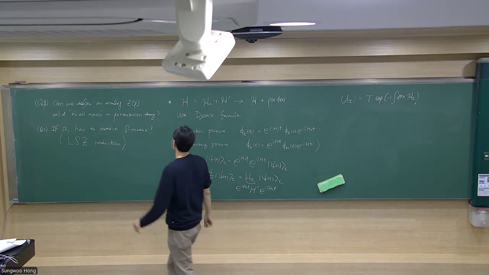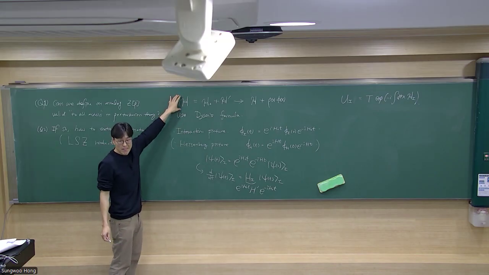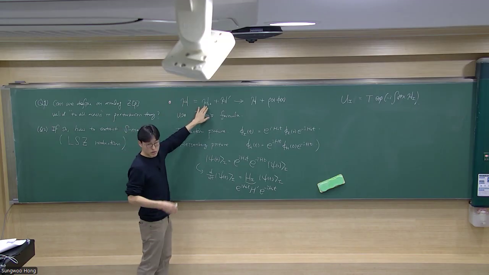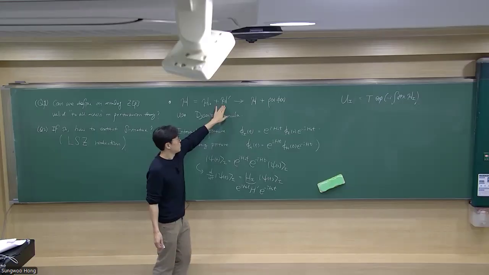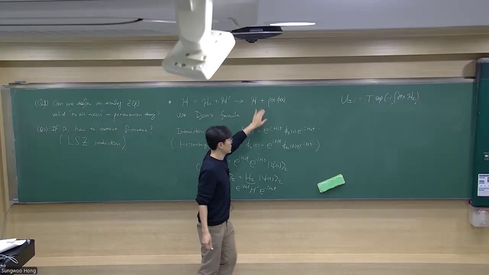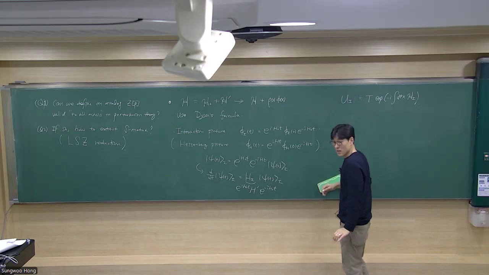Now, what I'm going to do is the following. Imagine you had some quantum field theory, and there's a part that you understand well, and a part that you want to understand better. Nevertheless, we're going to split it into this form, and run this Dyson's formula analysis.